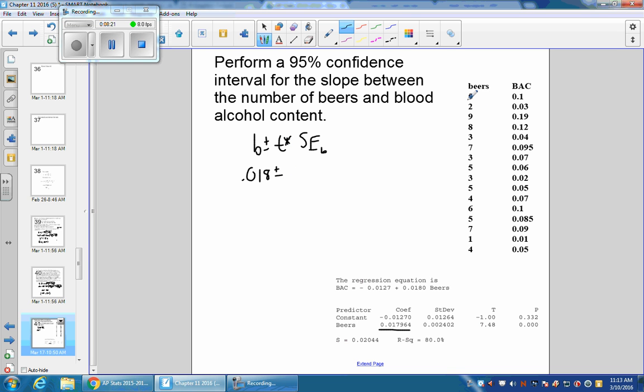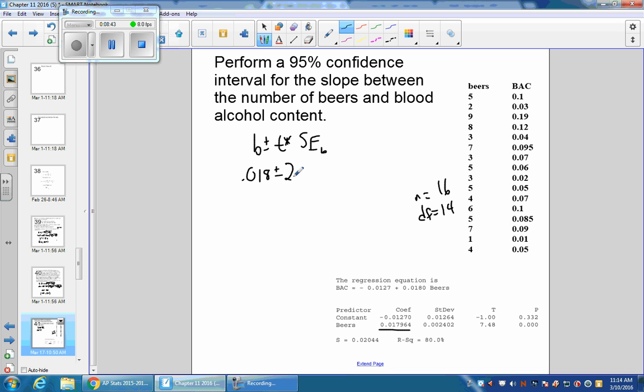Now here, since we have 1, 2, 3, 4, 5, 6, 7, 8, 9, 10, 11, 12, 13, 14, 15, 16, since our n is 16, our degrees of freedom is 2 less than that because it's a linear regression. So we got 14. So we find t star at 14.